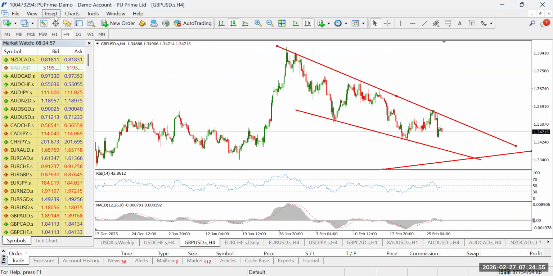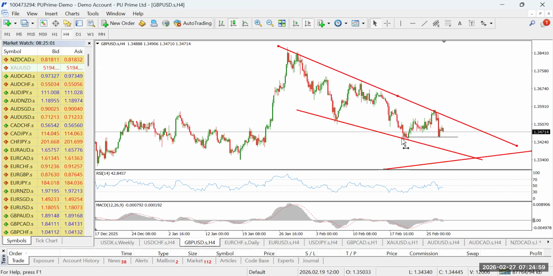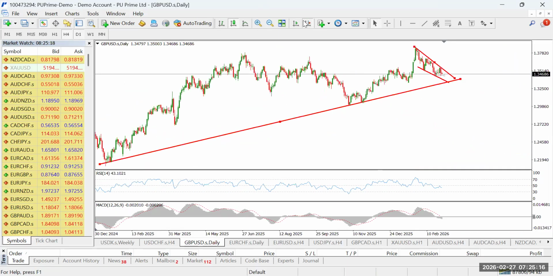Currently, I'm seeing a falling wedge pattern, and price is trading around a support level. I believe price will break this, may go up, but ultimately my view is price dropping to that trend line.